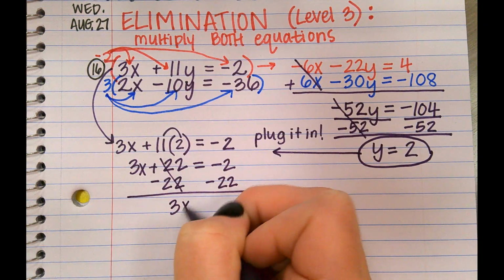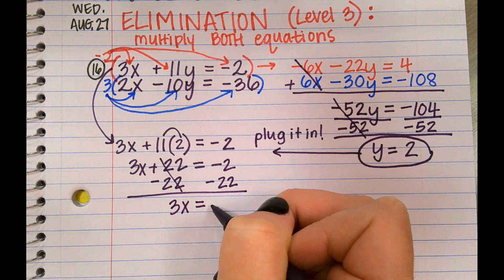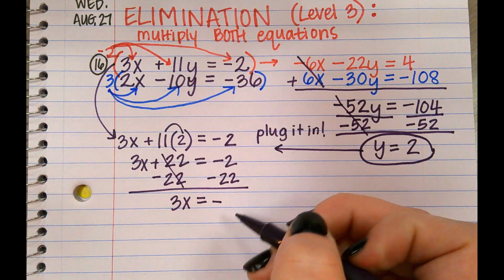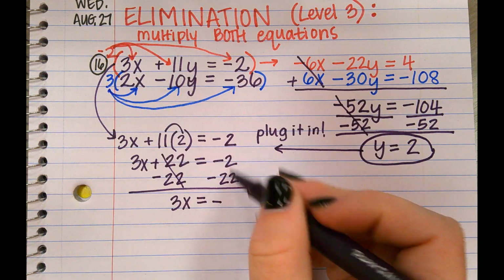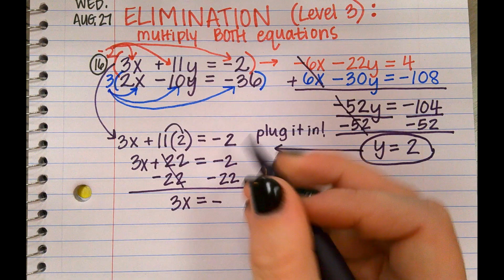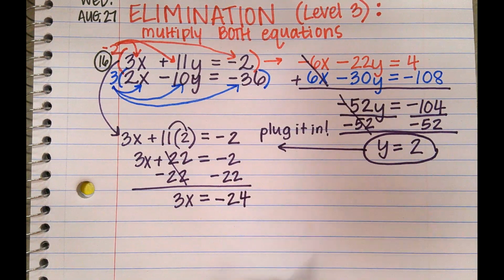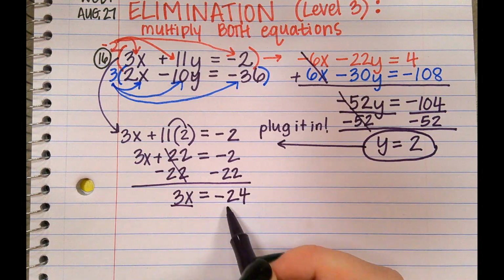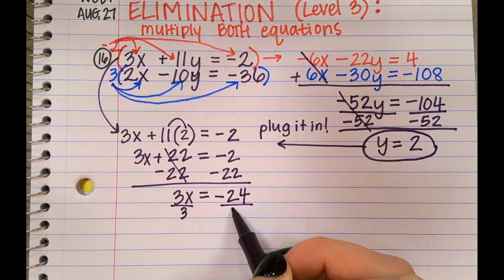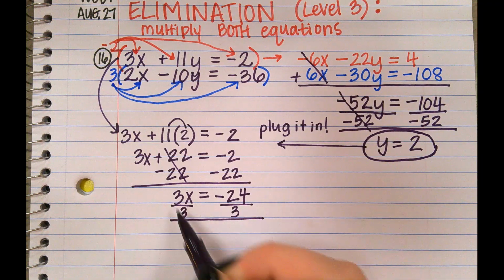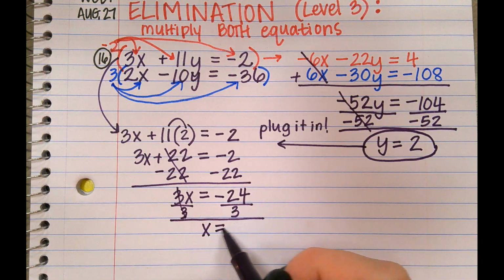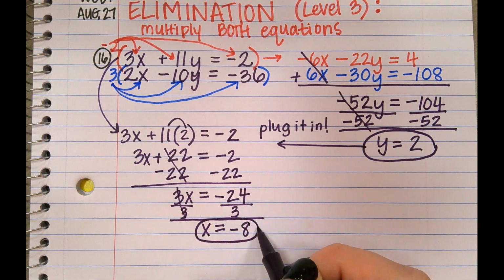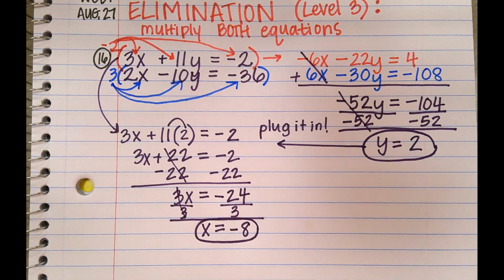Bring down my 3x, my equals negative 2 minus 22. Negative 24. Last step, divide by 3. Good. We'll get x equals negative 8. Good. You're done. You did it.